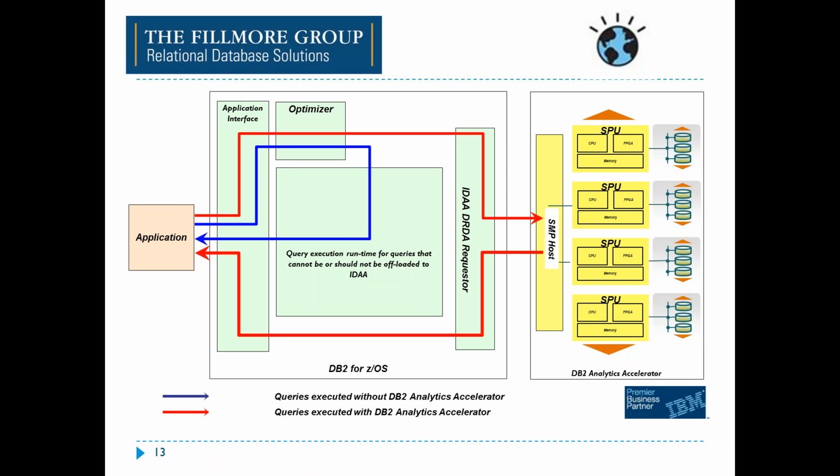There are a couple of names for the same thing, and folks might have heard different names at different times referring to the IDAA. So Pure Data System for Analytics, PDA, and Netezza all mean the same thing in this context.